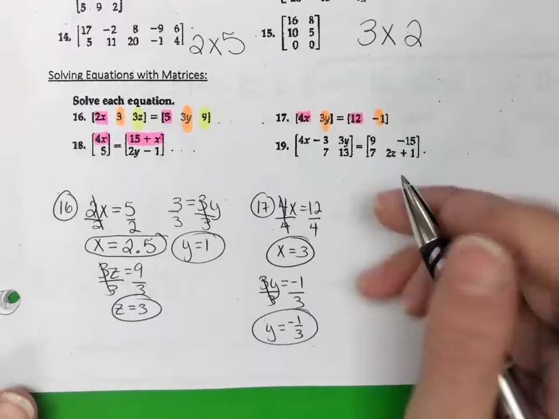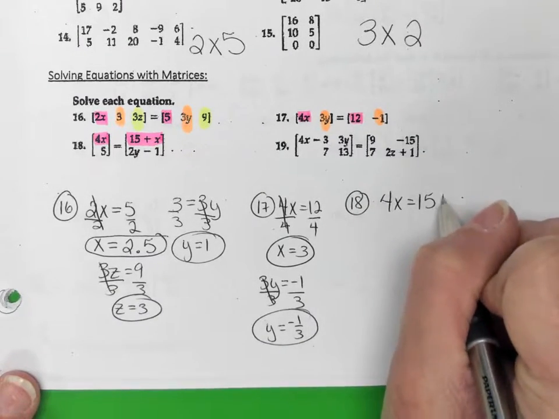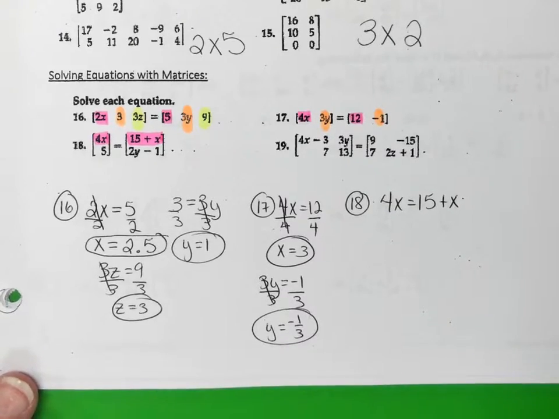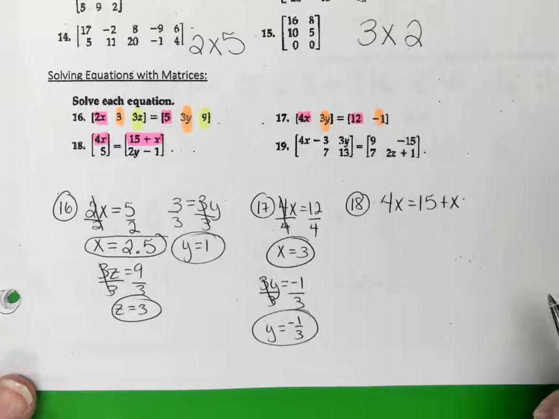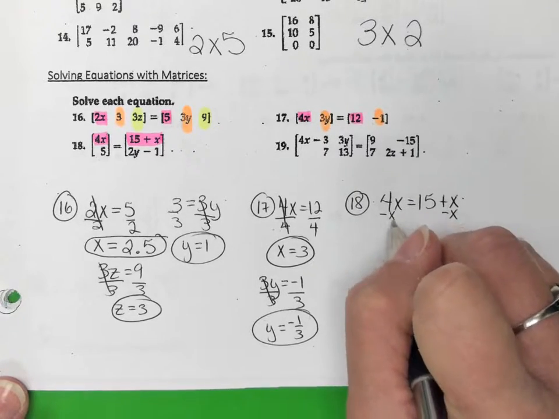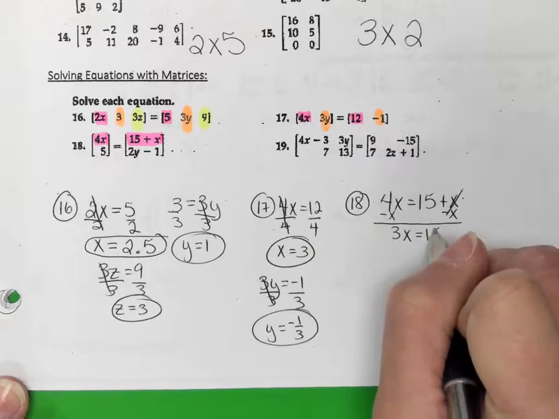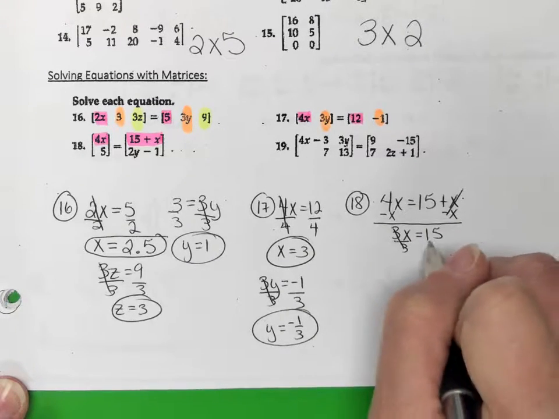It's not 15x, it's 4x equals 15 plus x. 15x is 15 times x. All right, so how do I solve for x here? It's a little different. You got to subtract the x. There you go, Hunter. Very good. Yep, 3x equals 15. Divide by 3. Perfect.